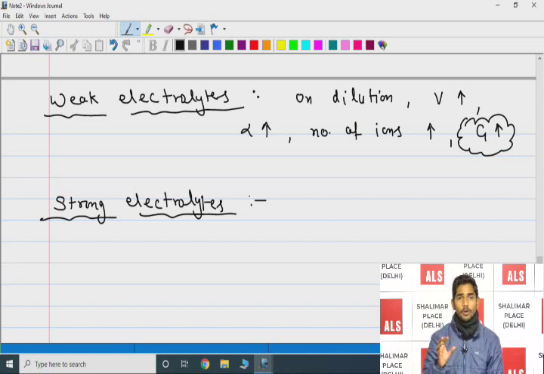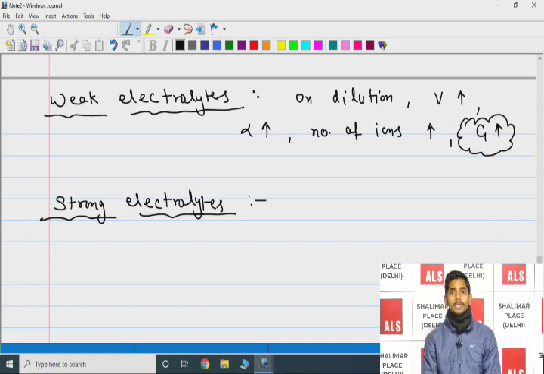Per unit volume of solution, the quantity of the electrolyte will be very high, so the number of ions should also be very high. There is a very strong force of attraction between these ions, and due to that their movement is very slow in concentrated solutions.